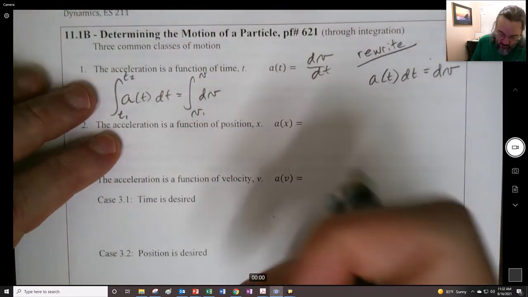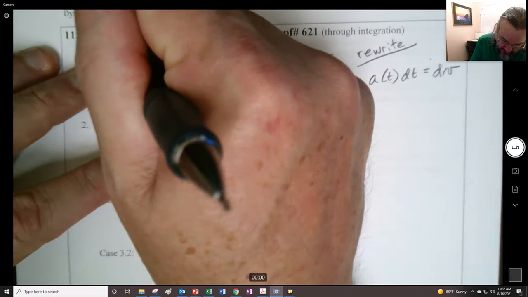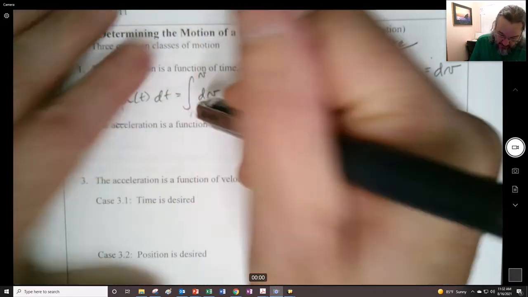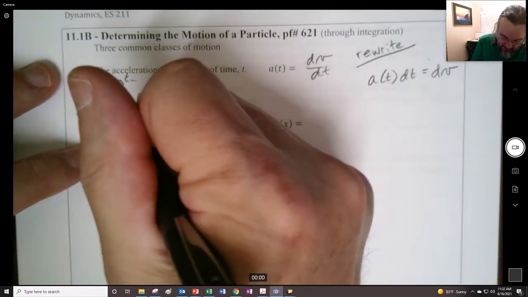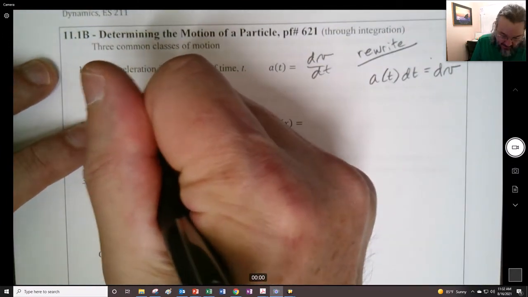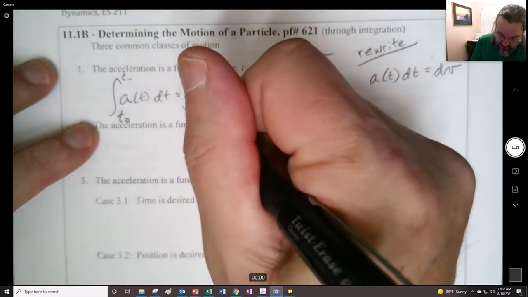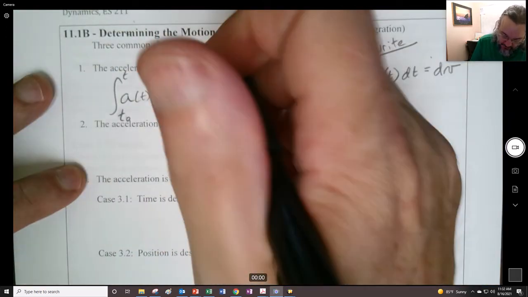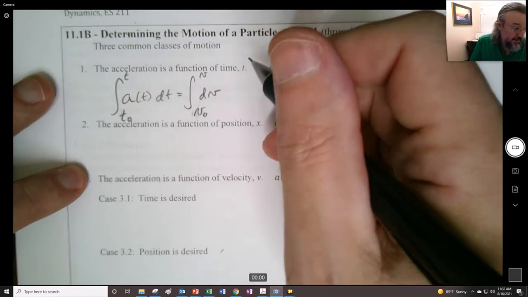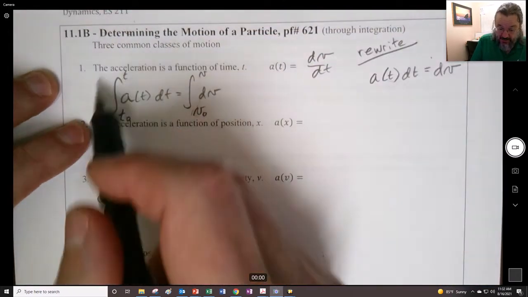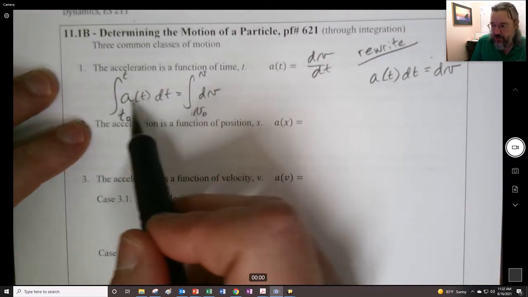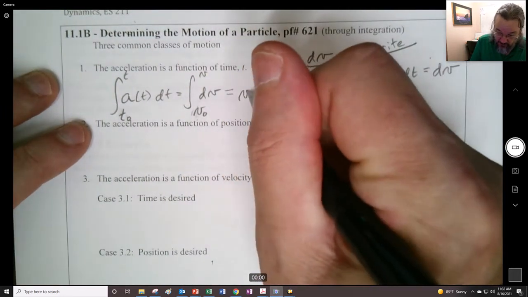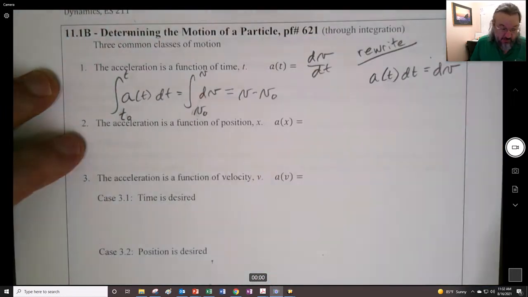Let me back up a second. A lot of times we'll say t0, and then this will be v0, excuse me. We can't integrate the acceleration function yet because we're going to have to know it. But we can integrate this right here as simply v minus v0.